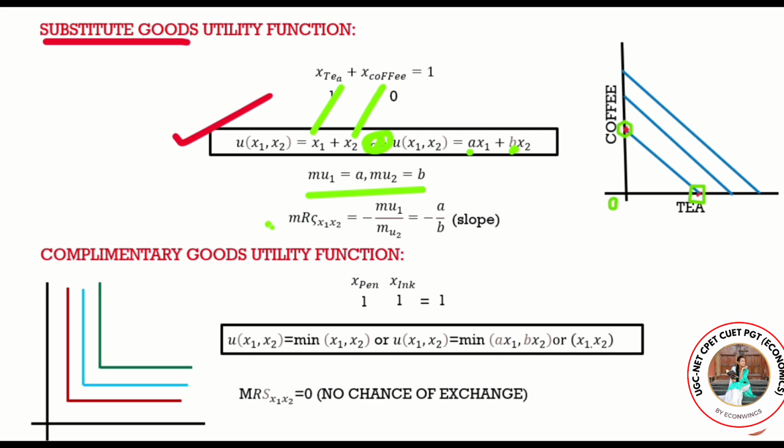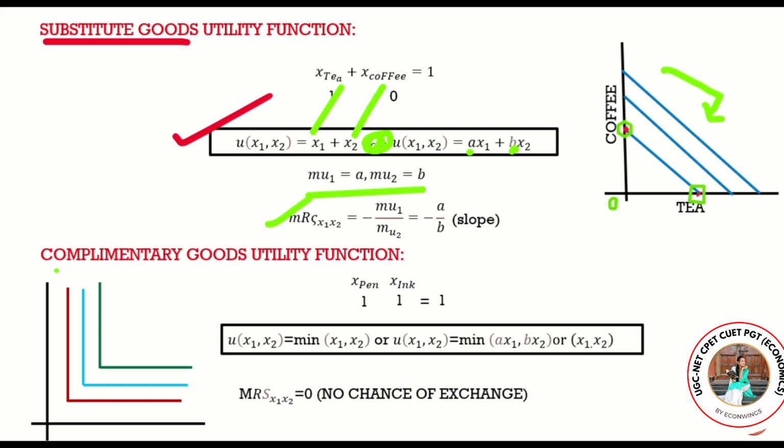The marginal rate of substitution MRS(x1, x2) equals minus marginal utility of 1 divided by marginal utility of 2, equals minus a by b, which is the slope. In the case of substitute goods, the indifference curve is a downward sloping straight line that represents that both goods are interchangeable.